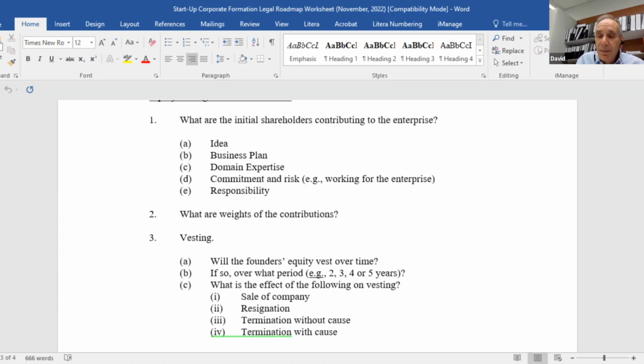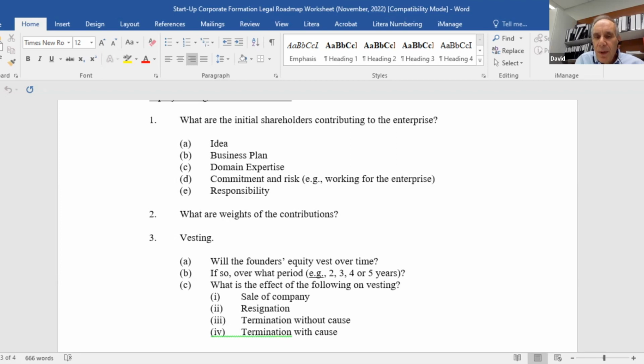So we're going to weight people's contributions on that, and then you're going to figure out, okay, how much do I value those things? For example, a business plan. I might not weight that too much. I can hire somebody to do a business plan. I mean, it's important, but it may not be as important, for example, as the idea or the commitment of risk.